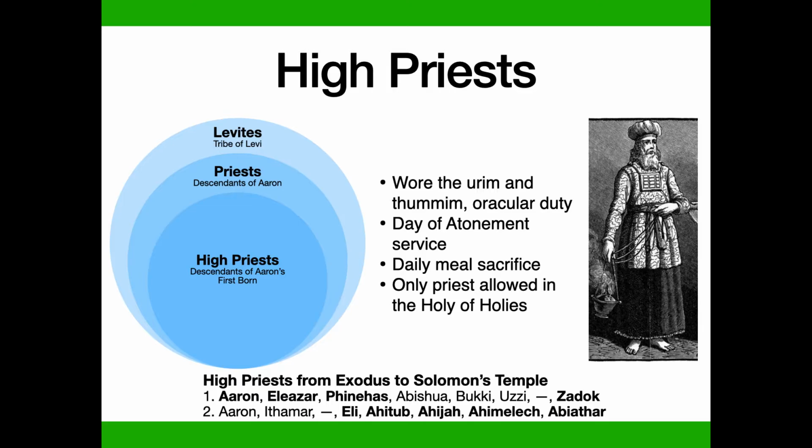Eleazar is not his first son, but it is his birthright son, because the other two first sons were killed because they didn't perform their priestly duties correctly, and God struck them down. So Eleazar is the birthright son that gets it, and he passes it on to Phinehas.